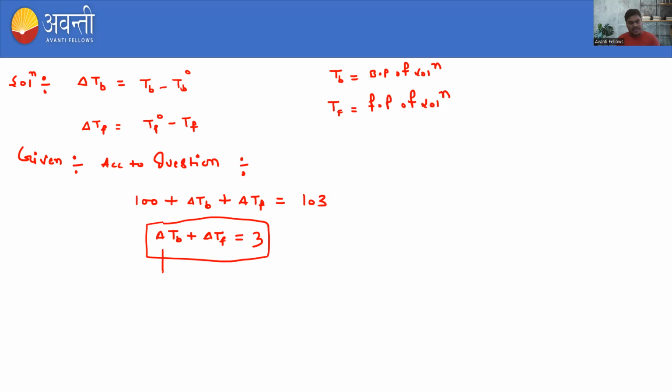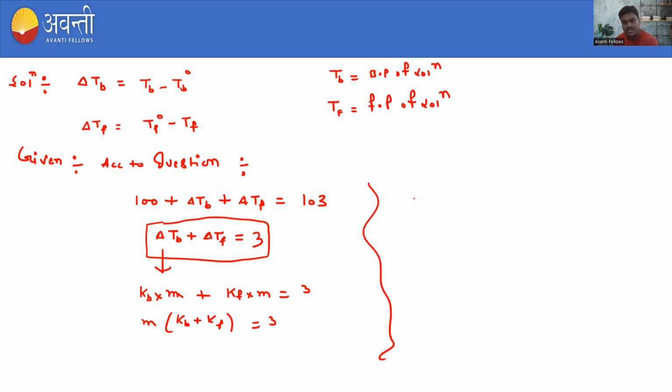Now what is delta Tb? Delta Tb is Kb into molality, plus delta Tf, which is Kf into molality, is equal to 3. Now, molality is common here, so it is (Kb plus Kf) times molality, equal to 3.